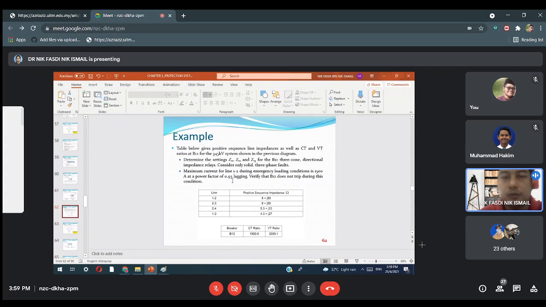Maximum current for I12, I22 during emergency loading condition is 1500 amps at power factor of 0.95 lagging. Verify that B12 does not trip during this condition. It is actually quite long, but in the final exam it will also be included, they will ask about protection too.